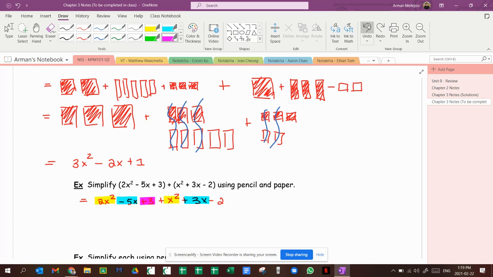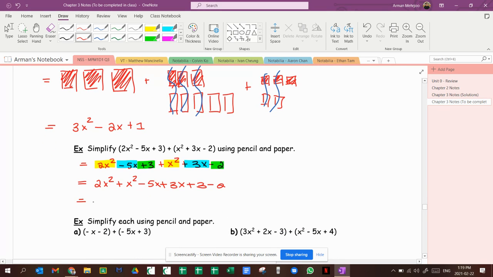Oh, that's not a good color. Maybe this green might be better. So let's group up our like terms. And now let's simplify. So 3x squared minus 2x plus 1. That's exactly the same thing as what I got with algebra tiles.